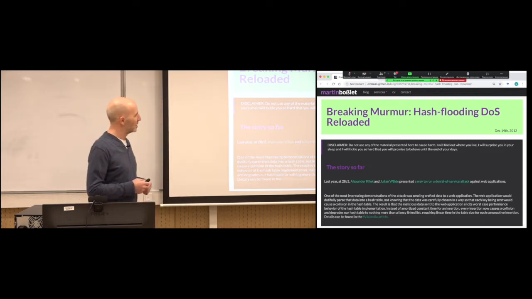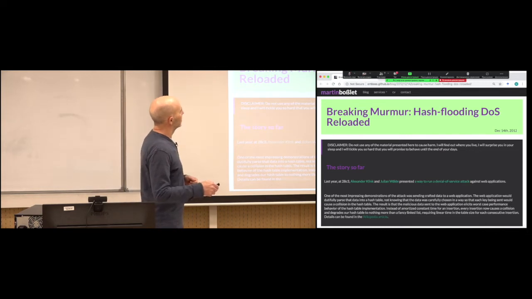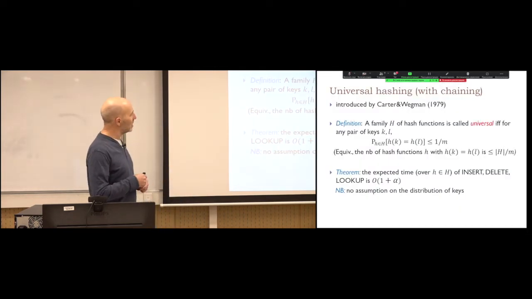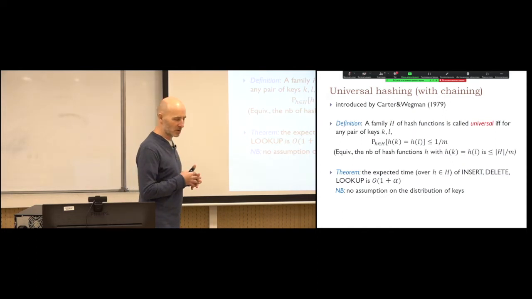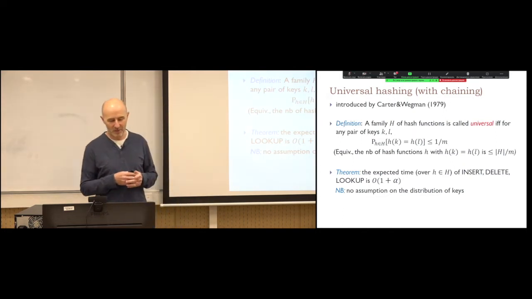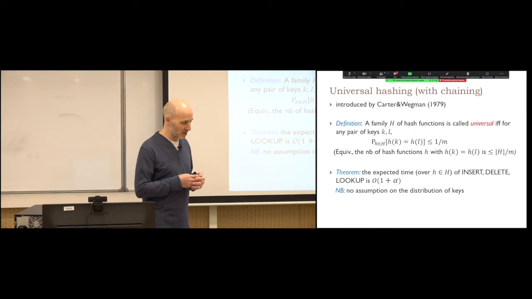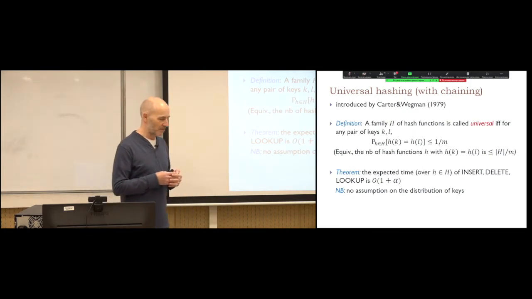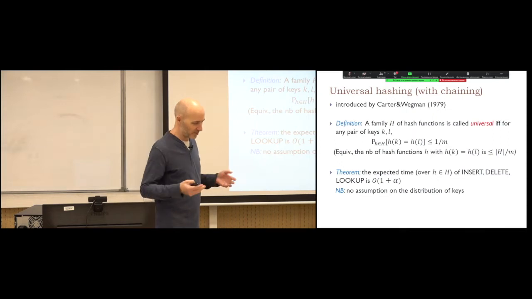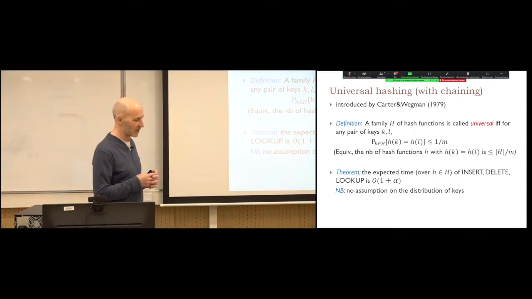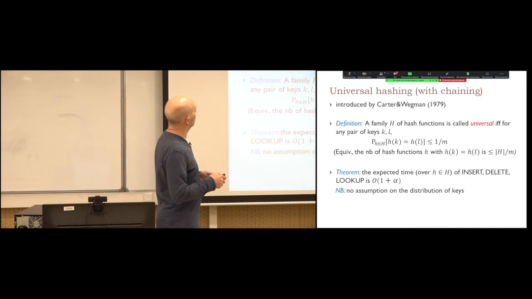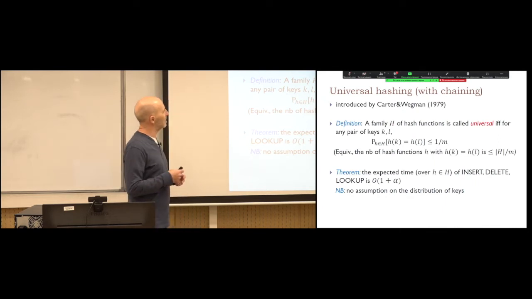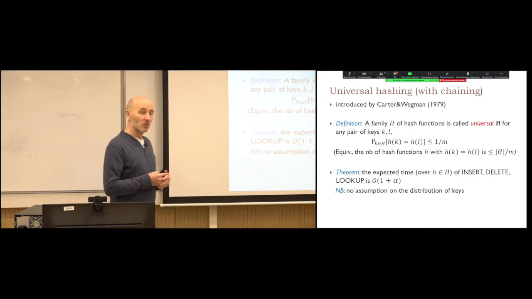It's a real problem. So now I want to introduce an important concept which can be seen as a way to deal with this danger, with this kind of attack. The idea is to use randomness.